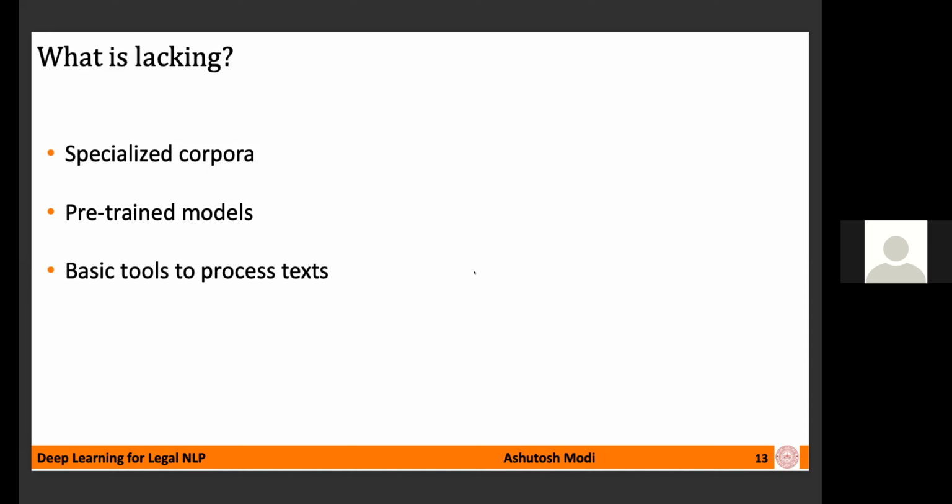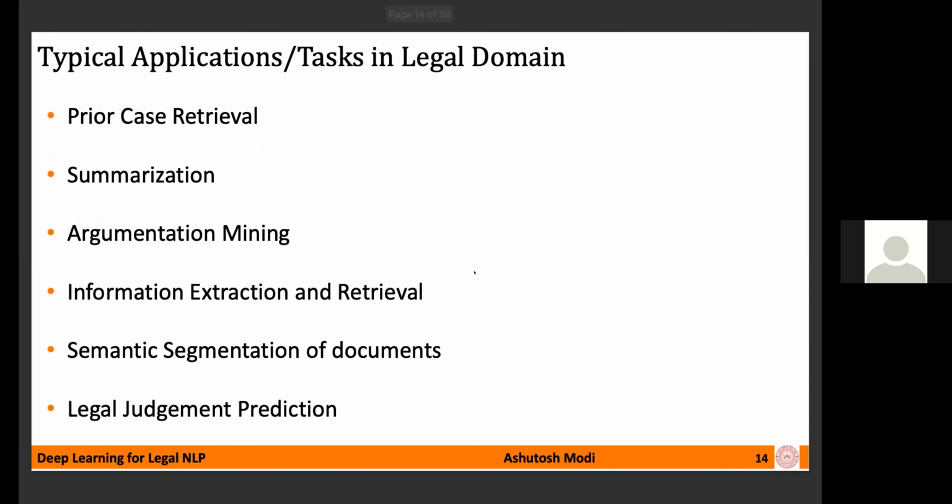So let me also outline some of the typical applications in the legal NLP domain. Just to point out, this is not an exhaustive list. These are some of the popular applications. One of the common tasks in legal AI is prior case retrieval.